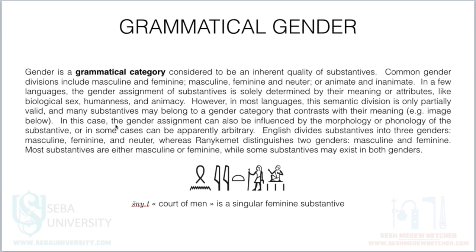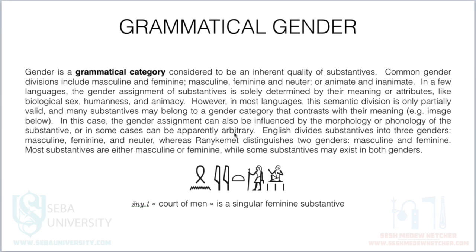So in this case, the gender assignment can also be influenced by the morphology or phonology of the substantive, or in some cases can be apparently arbitrary. So gender assignment of words can be based on biological sex of a human or an animal. It can also be based on the morphology or the phonology of the word.